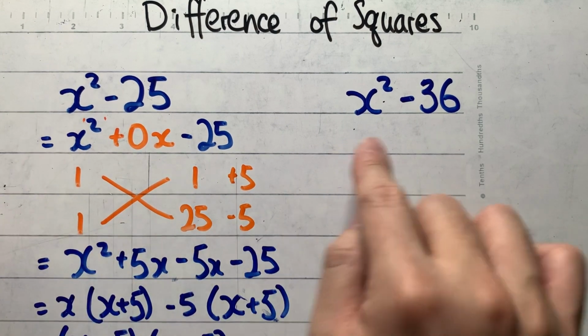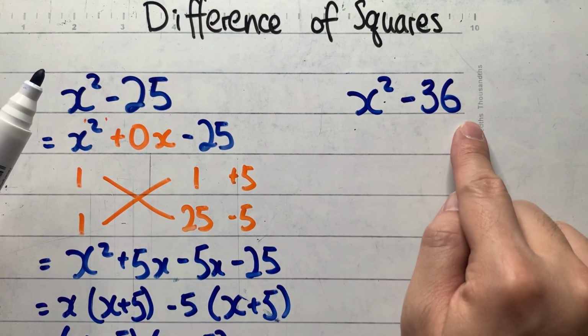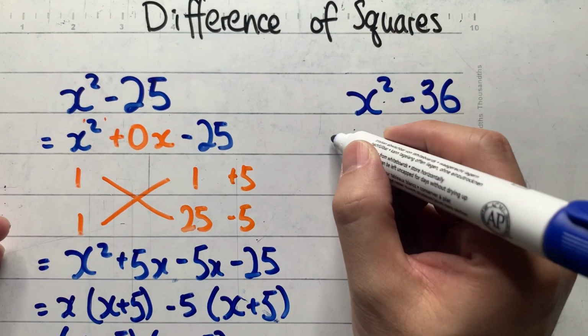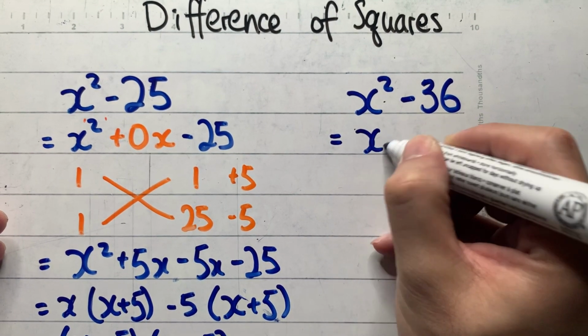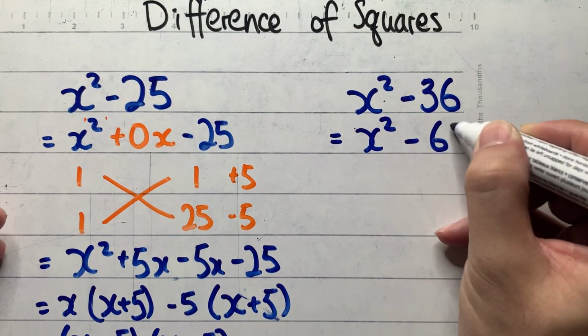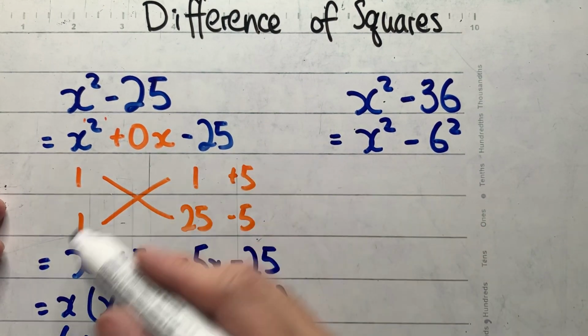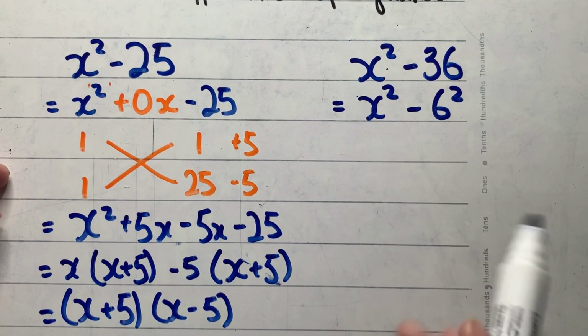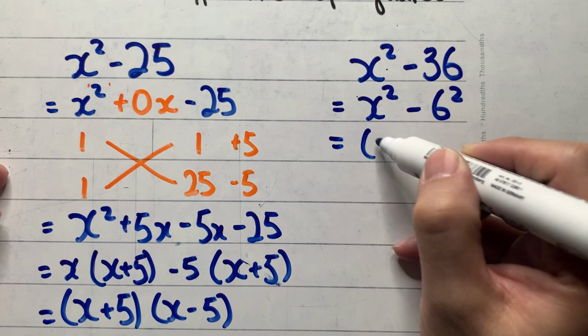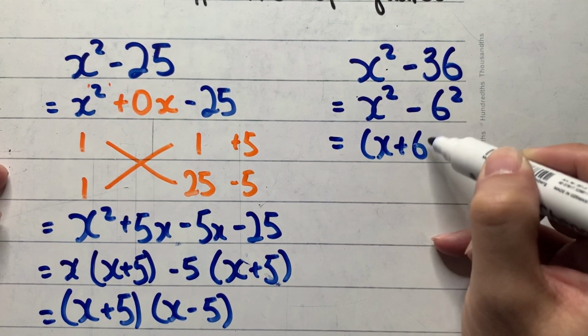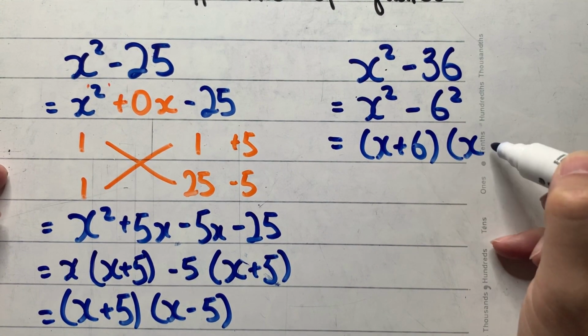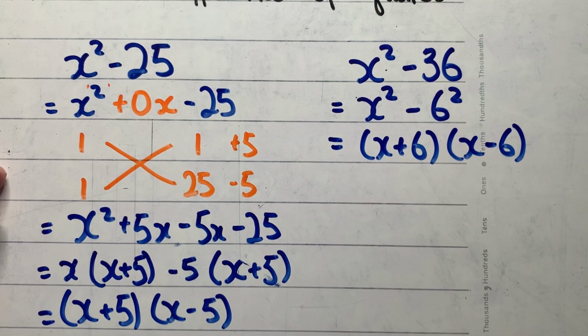So if you see this is a square, this is a square, a quicker way to write it is x squared minus 6 squared, because 6 times 6 gets you 36. And with that, you can go through the same steps here, but you will end up with x plus 6, x minus 6.